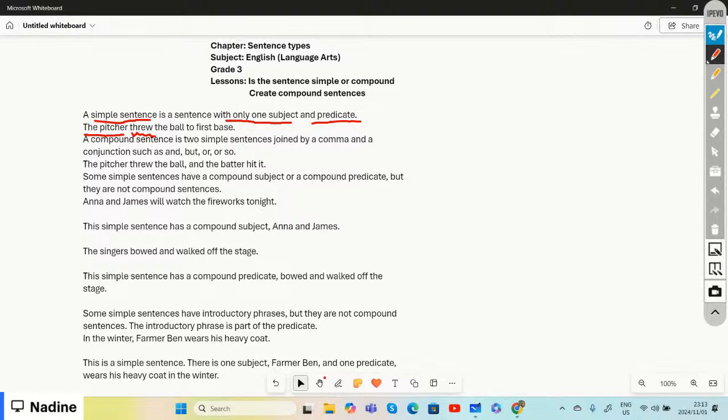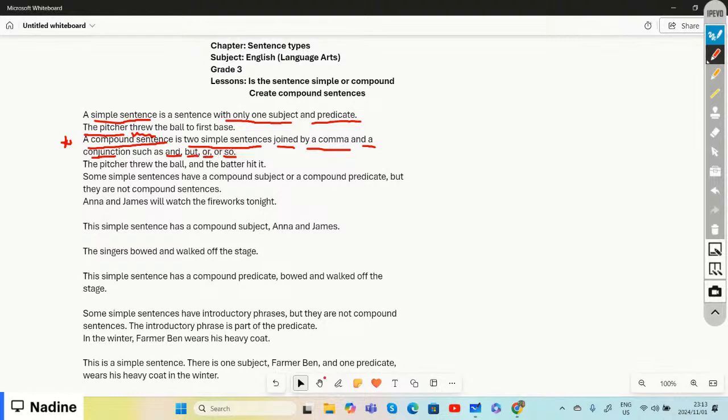And if we look at the compound sentence, a compound sentence is two simple sentences that are joined by a comma and a conjunction. Conjunctions are words such as and, but, or so.